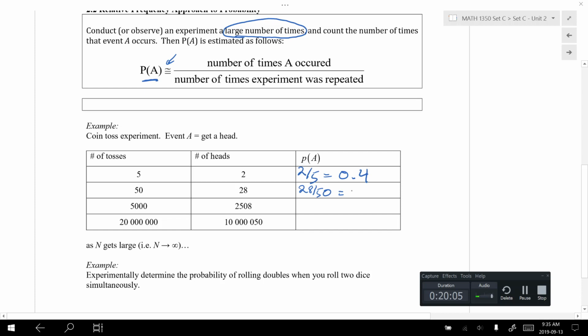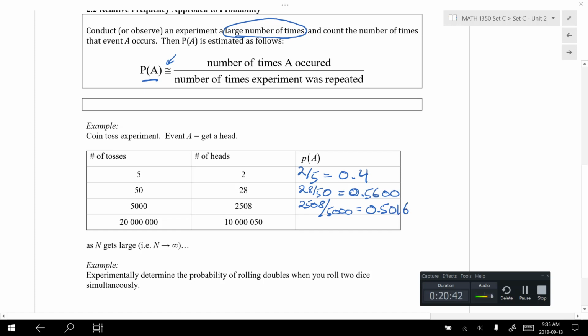That's something like 0.56. So we're getting a little bit better there, but we can keep going and conduct this experiment over and over. Maybe we throw 5,000 and get a little over 2,500 here. Now we're on to 501.